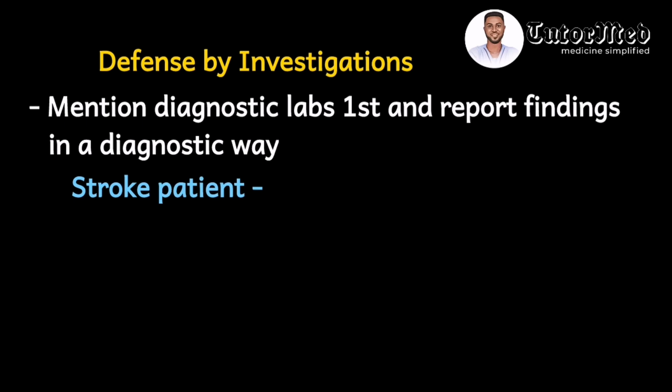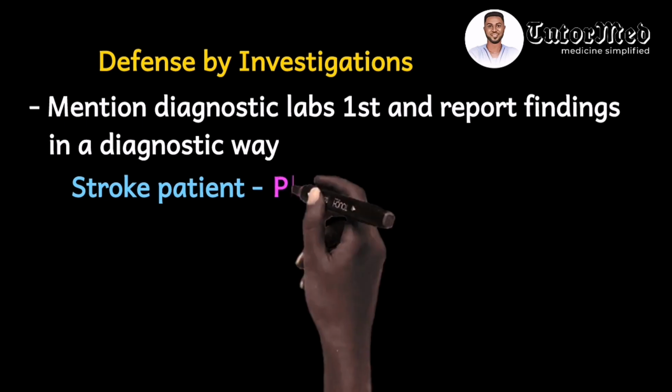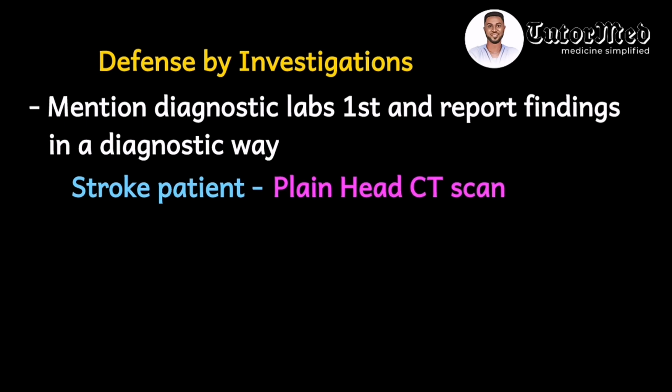When it comes to investigations done for the patient, do you think it will be wise to mention the full blood count first? No, I don't think so. The first investigation our superiors may want to hear is a plain head CT scan. That is defending your diagnosis. And so mentioning the full blood count first kind of wastes time.